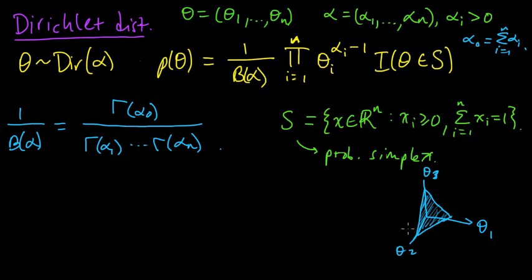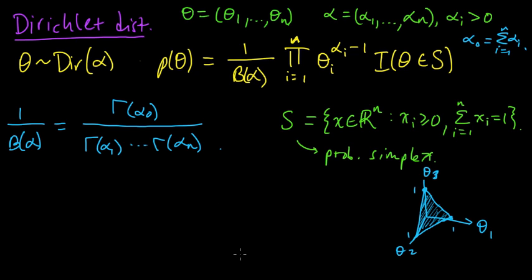You could think of the plane cutting through these points, where this is 1 and the others are 0, and so on, and it's just the subset of that plane in the non-negative orthant.